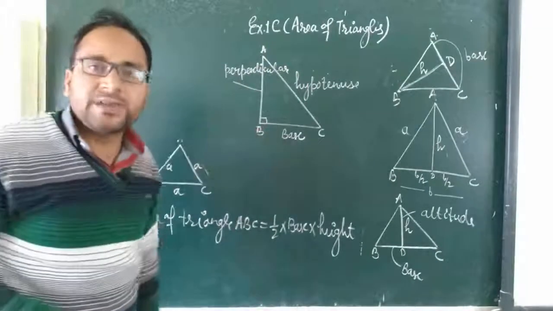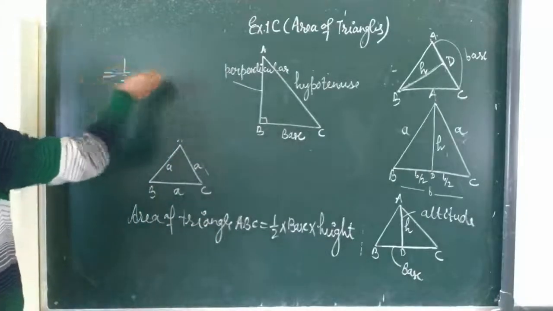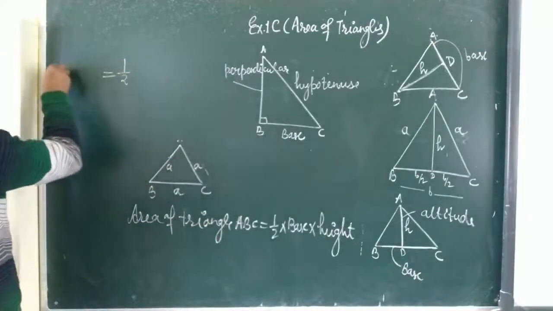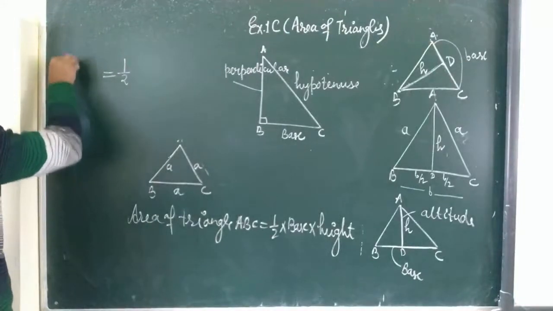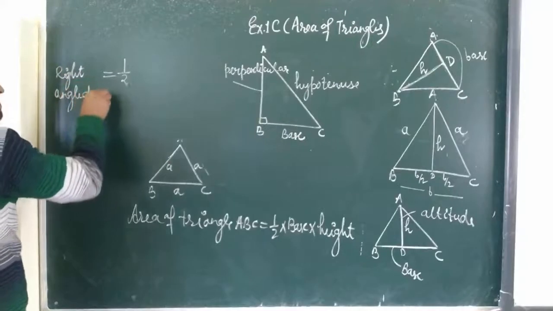Hypotenuse, perpendicular and base. So the formula for this one: the area for this right angle triangle ABC.